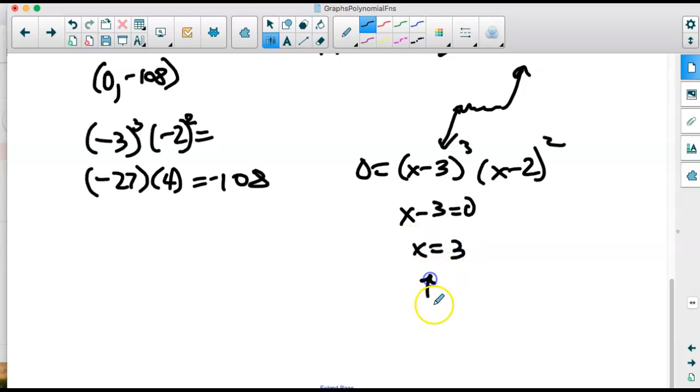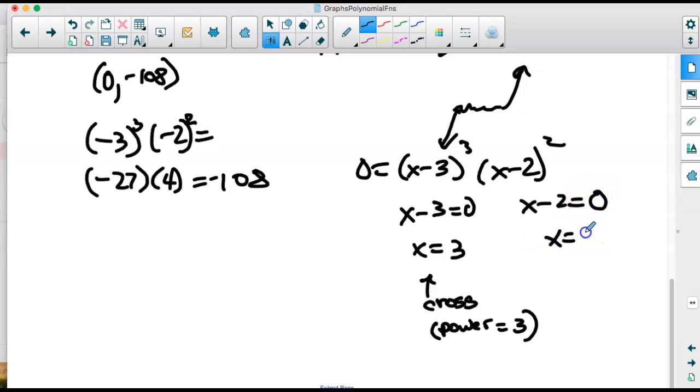It's going to cross there because the power is odd, or it equals 3 here. We're going to have x minus 2 equals 0, so x equals 2. It's going to touch there because the power on that one is an even number, or 2 on that one.